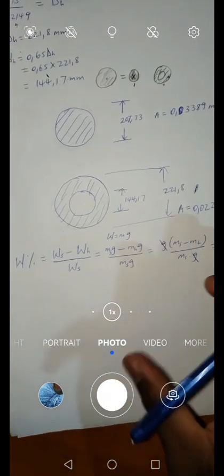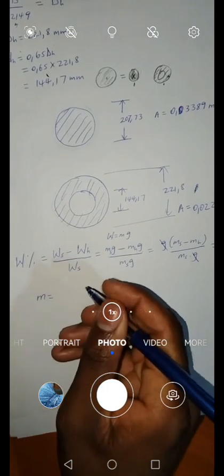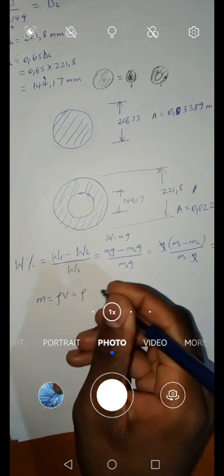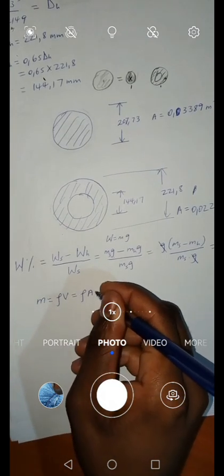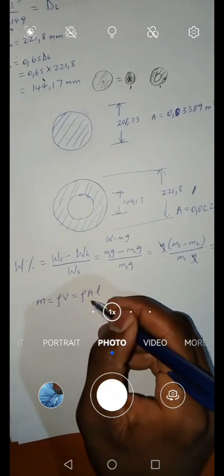But as well, we know that mass equals density multiplied by volume, and volume equals area multiplied by length. So we're going to replace this mass by this.